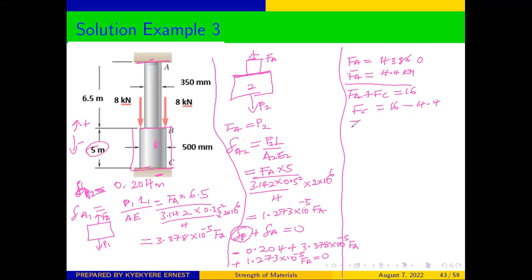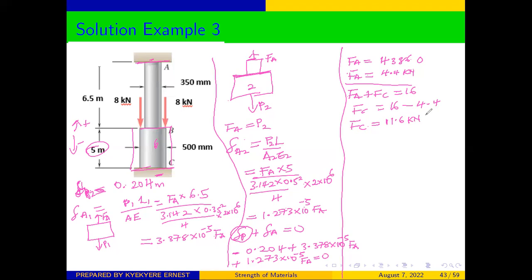And from there, FC will be equal to 11.6 kilonewtons. So that is how to use the principle of superposition to be able to determine the reactions at the support.